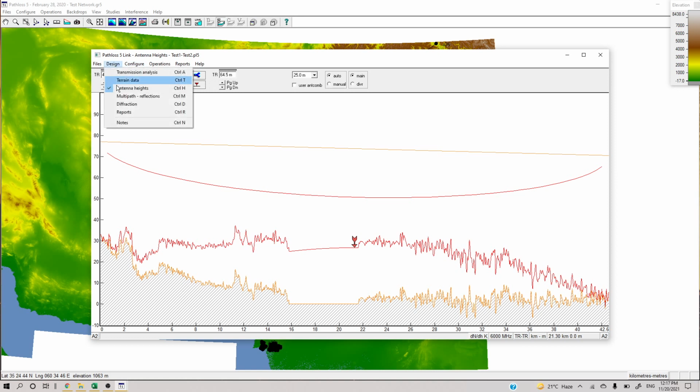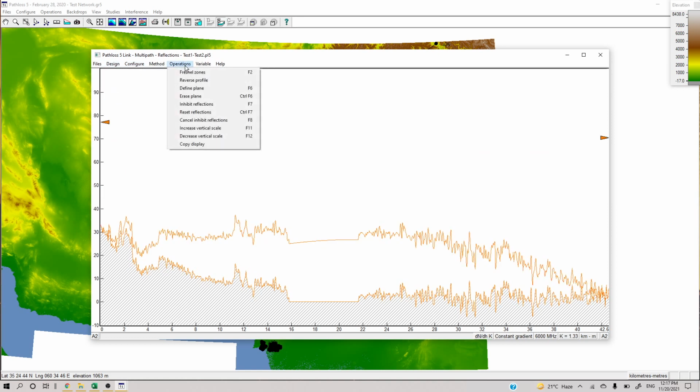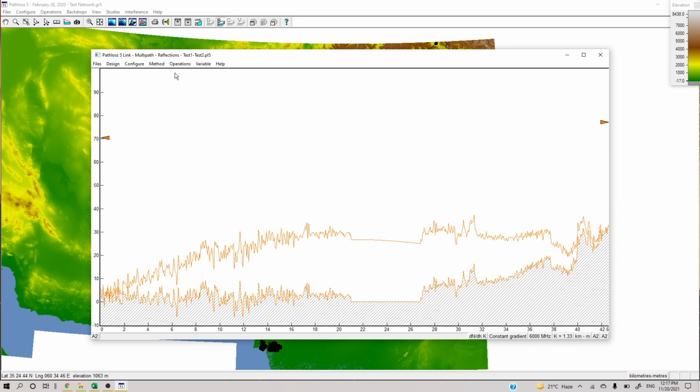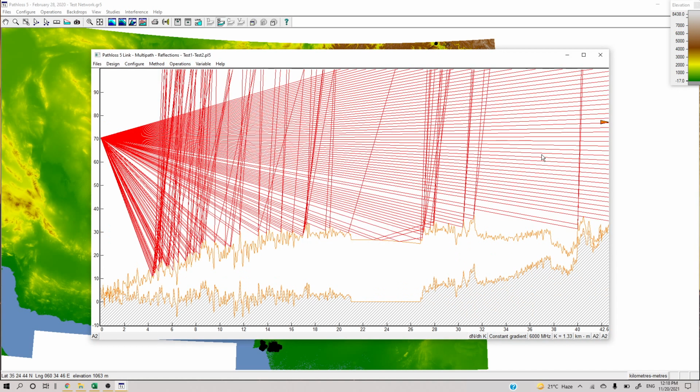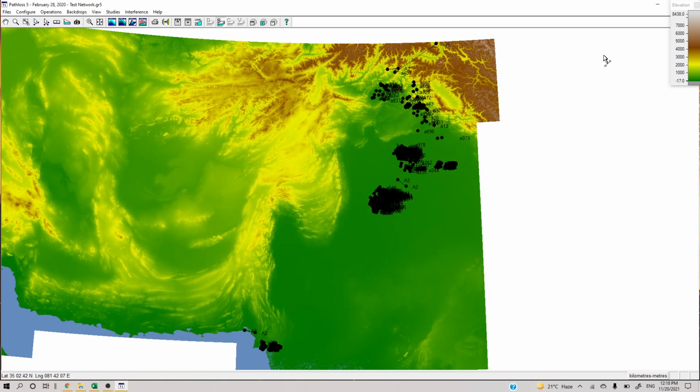Okay. If I reverse the profile and I see it again from this side, this place is a bit safer because of some things here which are not allowing this. So I have not chosen a perfect place.